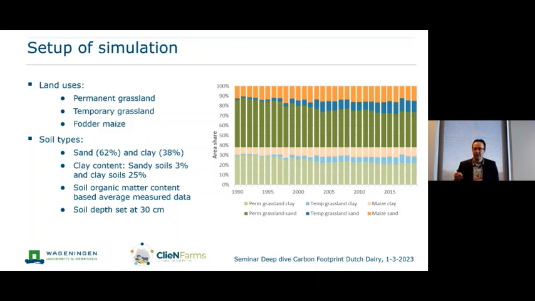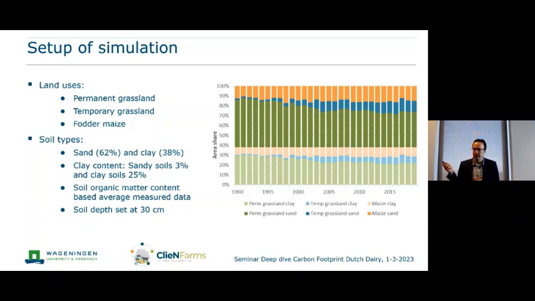And we made a distinction between two soil types, sandy soils and clay soils. This is representative for the Dutch conditions. So we have a bit more on sandy soils, about 62%, and 38% of the land for dairy farms is on clay soils. We set a fixed carbon content for these soils, and then we simulated these land uses.